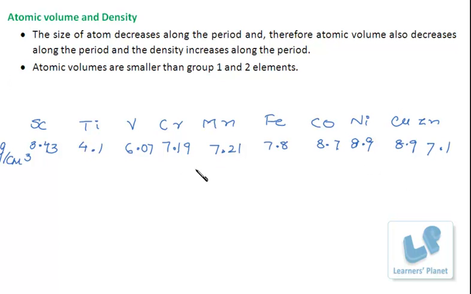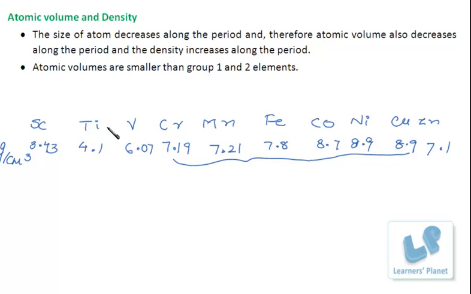You can see here the density is increasing. But the increase from chromium, manganese, iron is not much. The rise is almost constant. It is 7.19, it's 7.21, then again 7.8. The increase in density is not high. Right? Because you can relate this to the size of the atom.